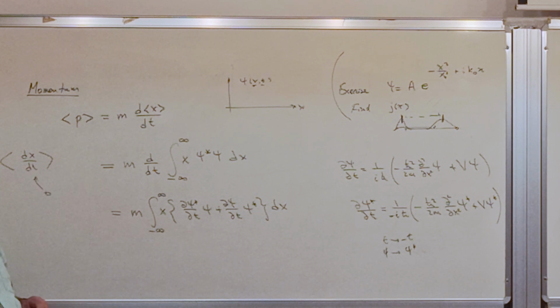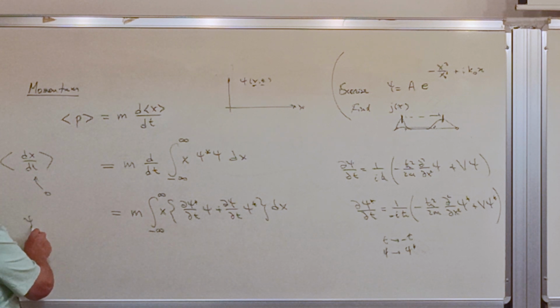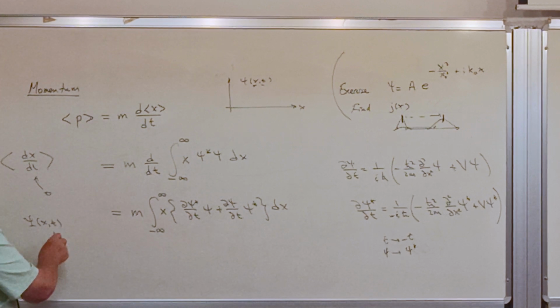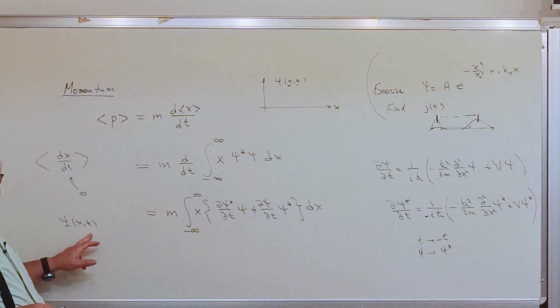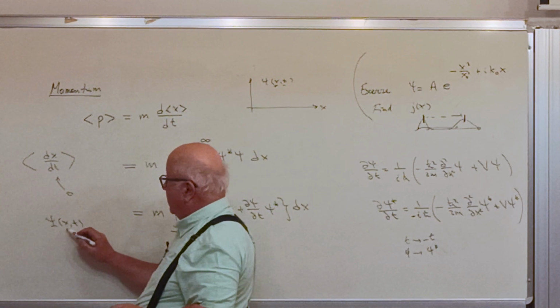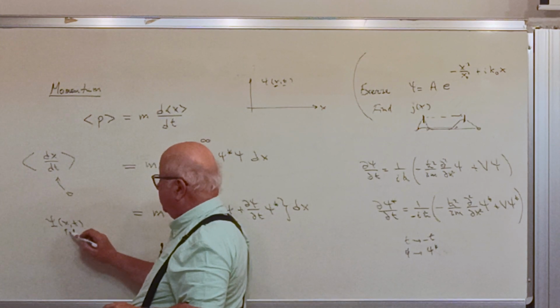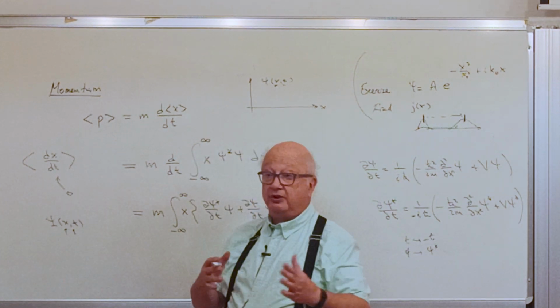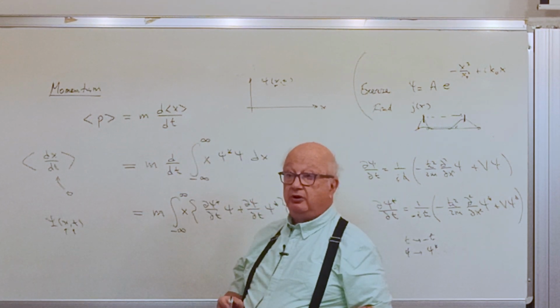X and t are the independent variables here. We have functions of x and t, two independent variables, and the derivative of one with respect to the other is 0.